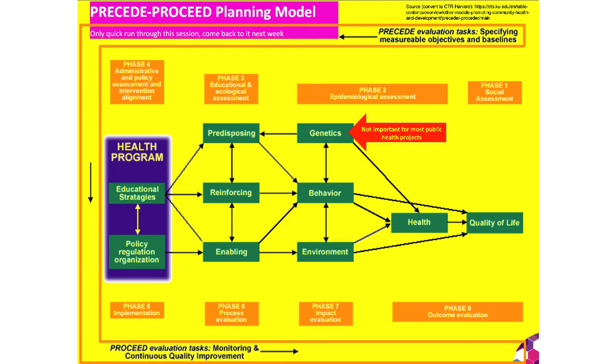These 3 factors form the epidemiological assessment. We don't look at genetics, very rarely do, so you don't really need to think about that for your assignment or in the future, but it's just helpful to be there because sometimes you may need to think about it.